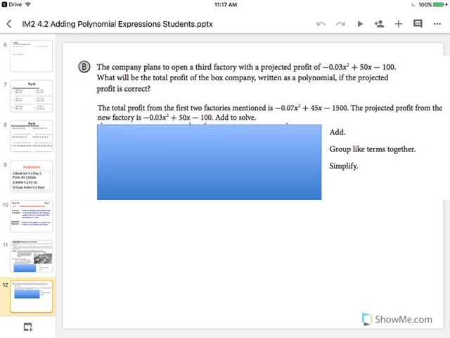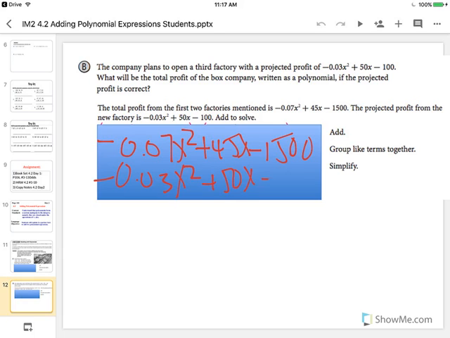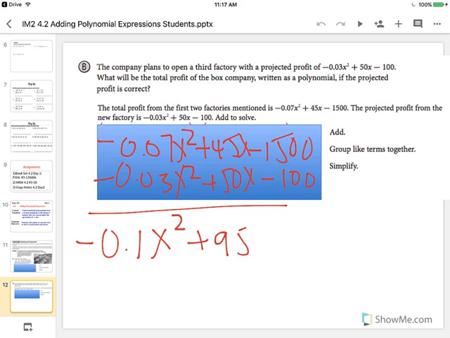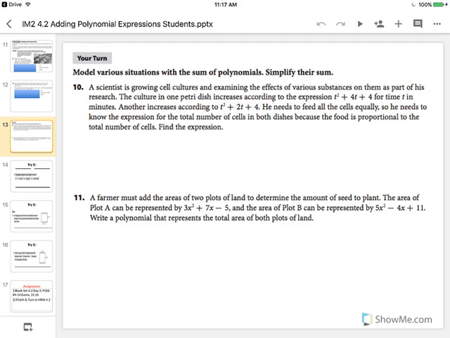So we're going to solve this by putting this in vertical form. When we add those, this gives us negative 1.0x squared plus 95x minus 1,600. Okay, let's go on to our next one.